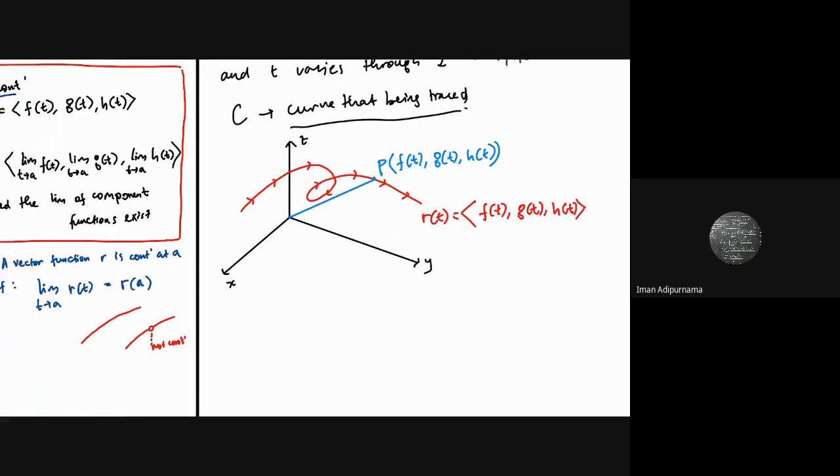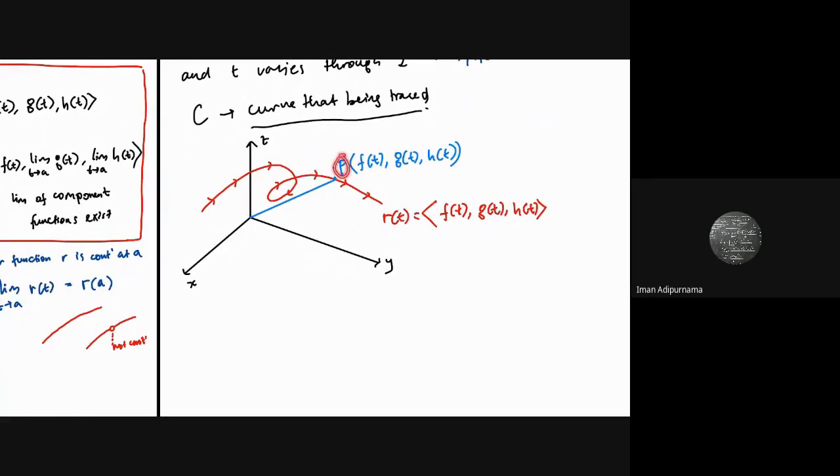For example, this point P is the coordinate, the position of the vector, and the coordinate of the vector will change along this line, throughout the curve.